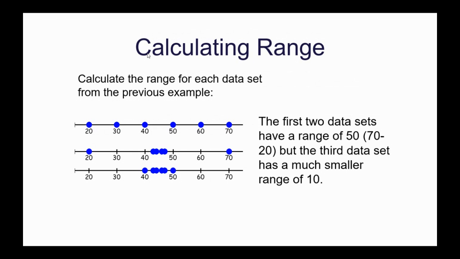No. Think about it. These top 2 have the same range. So if I just told you, oh, the range is 50, okay, great, but are the points spread out? Or are those 2 outliers, like Raleigh mentioned, and then everything else is just clustered inside? So it's easy to calculate, but we only use 2 points.